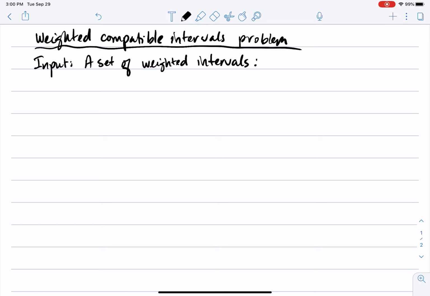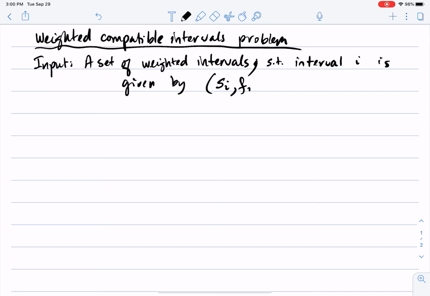So interval i is given by the start of that interval, the finish time of that interval, and the weight of that interval. So we have s_i, f_i, w_i, and we know what compatibility means: two intervals are compatible if they don't overlap. The finish time of one is before the start time of the other.